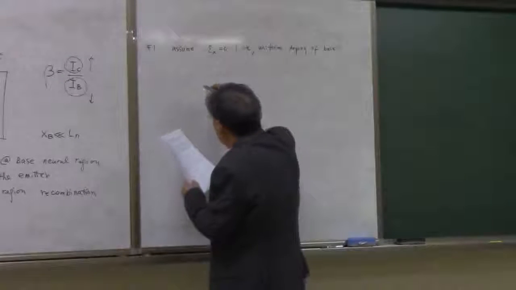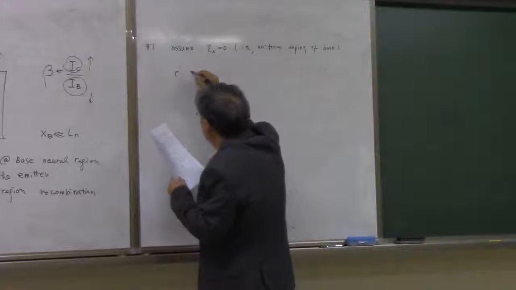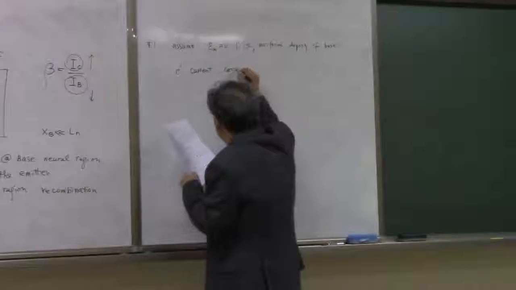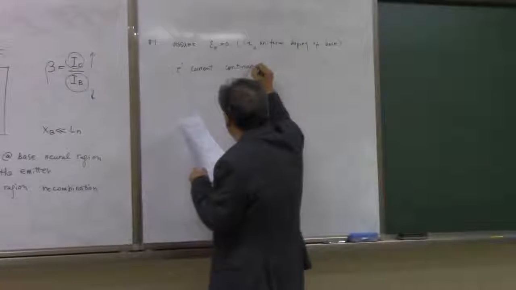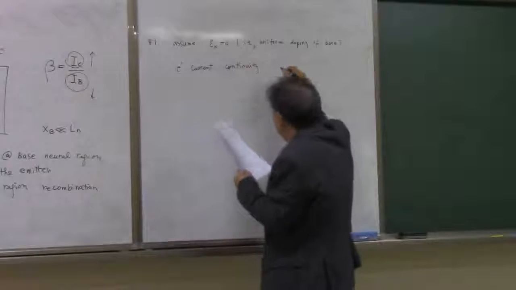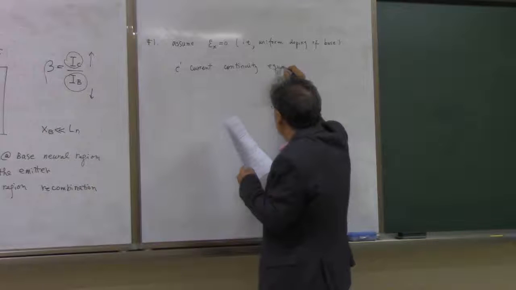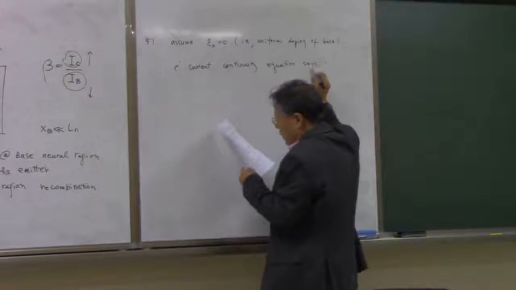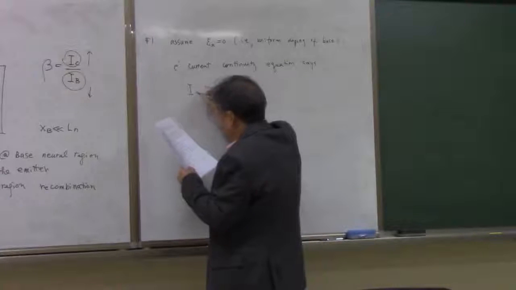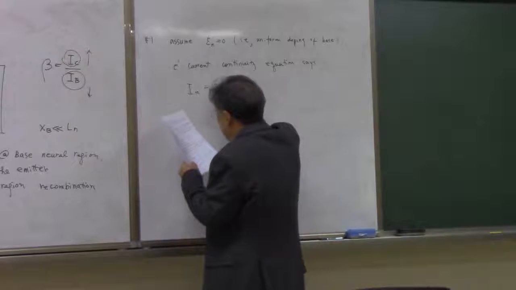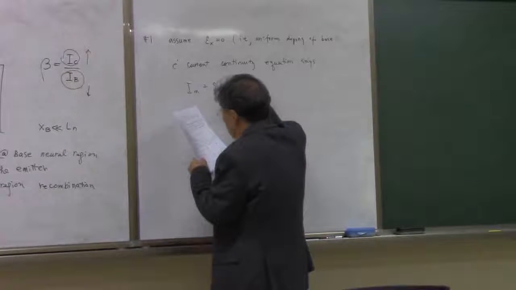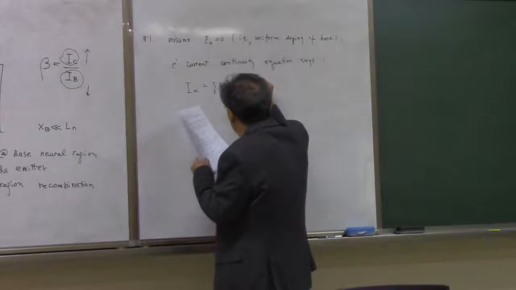And the electron current continuity equation says the electron current is going to be qA D_n ∂n_p/∂x.